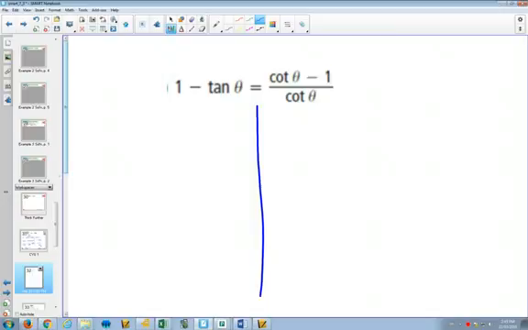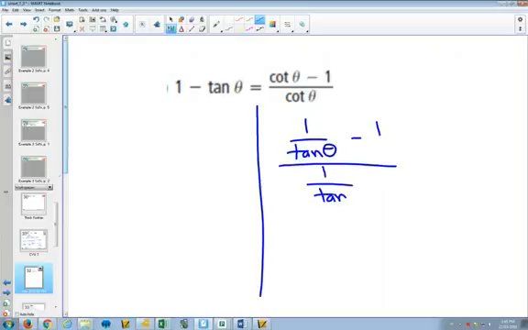Is there any way we could change this so we have the same function on both sides? You could change tangent to cotangent or cotangent to tangent. Which one are you probably more likely to do? You're going to say I'm more likely to change cotangent to tangent, so I'm going to start with that. That would look like this. Can you see that we have the same kind of thing that we had before?